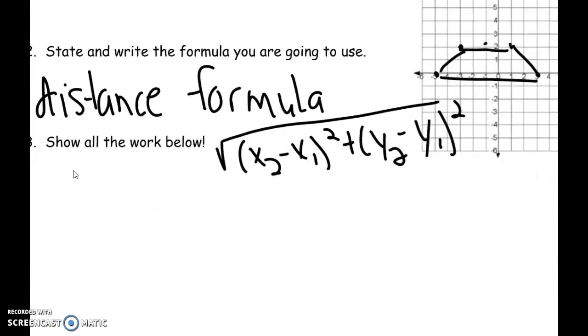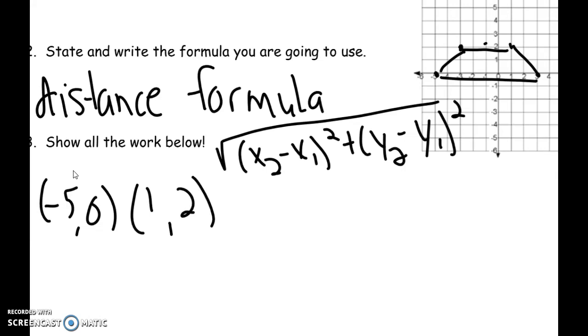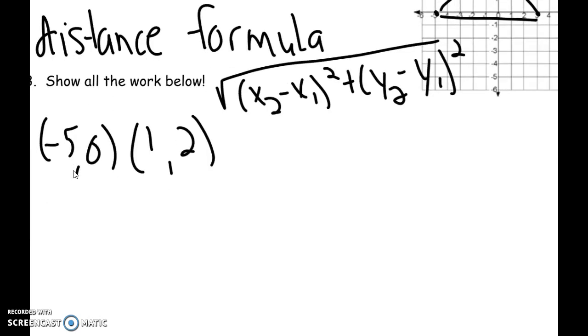So I'm going to start with the point -5, 0, and its connecting diagonal point would be the point 1, 2. And we're going to start plugging into that distance formula.